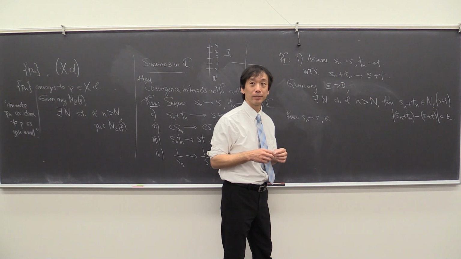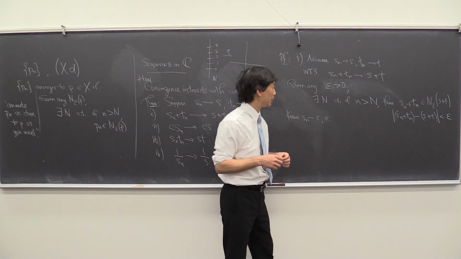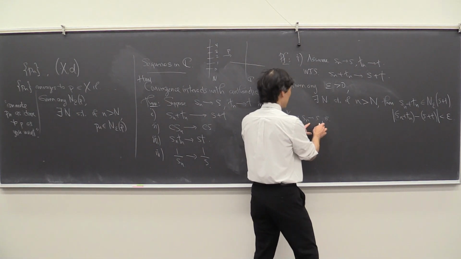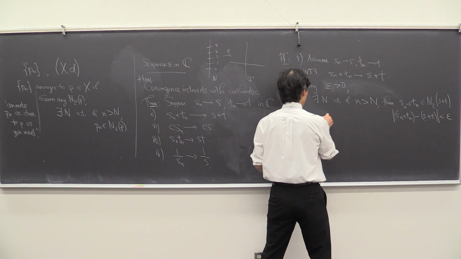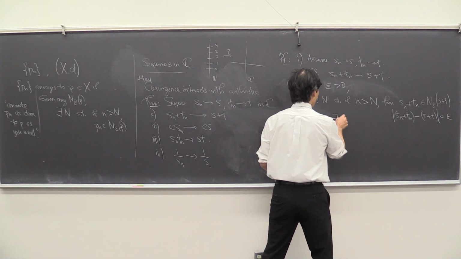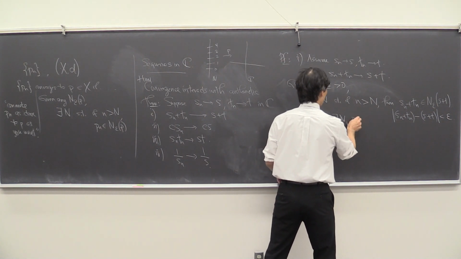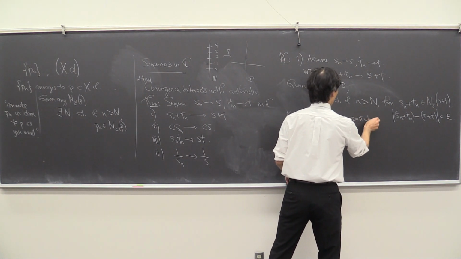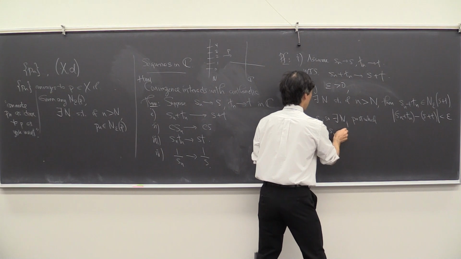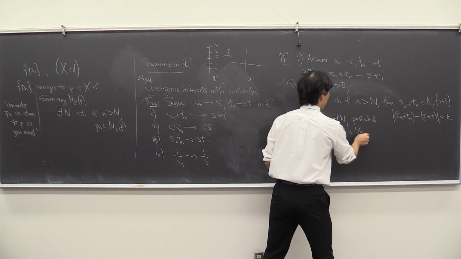Natalie? Could we just say that the difference between them is less than like a third epsilon? Yeah, that'll do. So we know this goes to this, so we know that there is an n1 past which the modulus of S_n minus S is smaller than epsilon over 3.